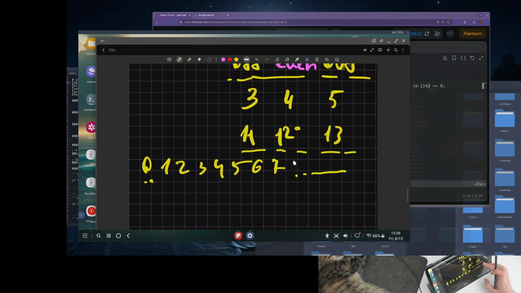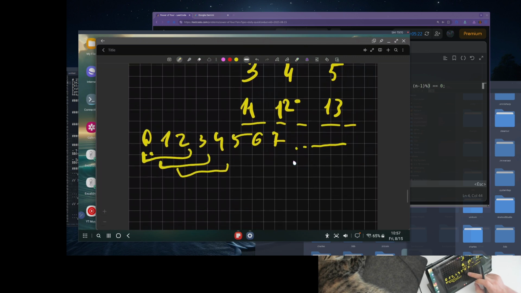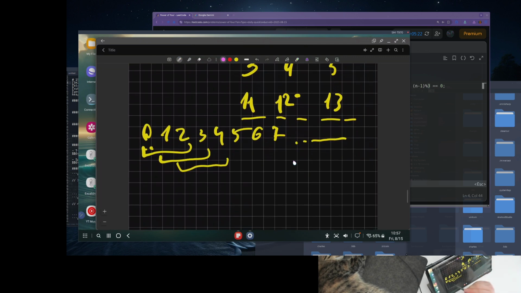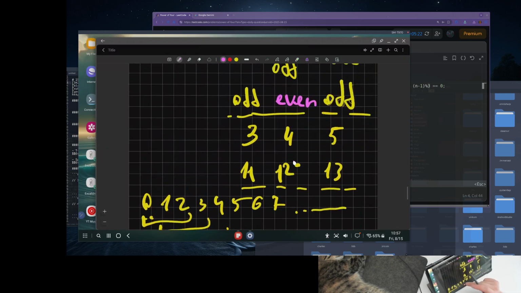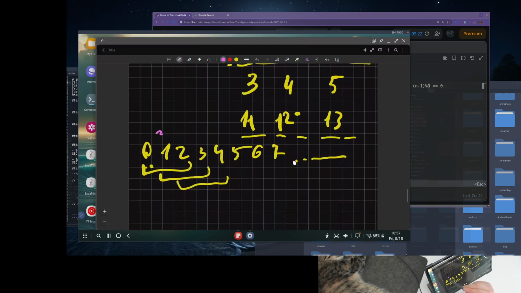When we inspect these triple windows of numbers, they follow the same pattern, like odd, even, odd, even, and so on.